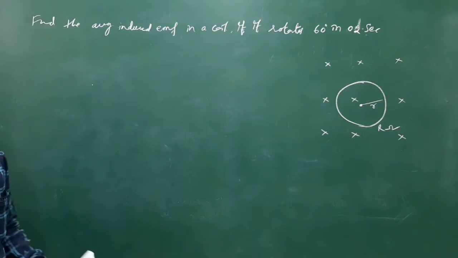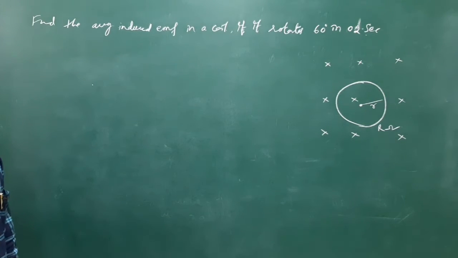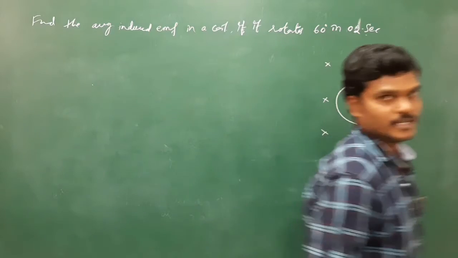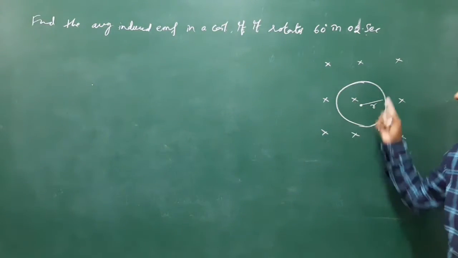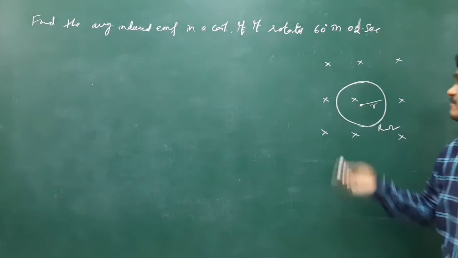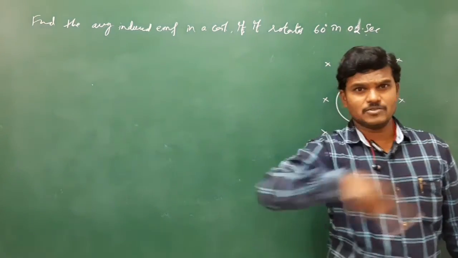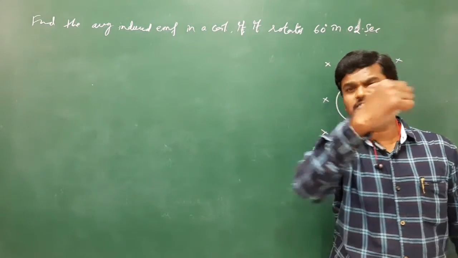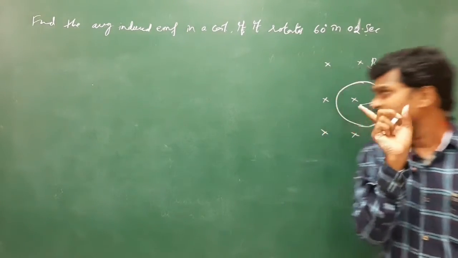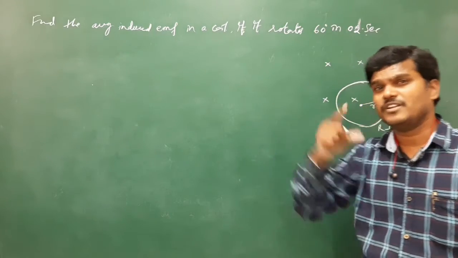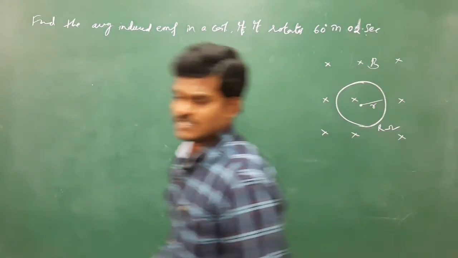Try to find the average induced EMF in a coil if the coil has to rotate 60 degrees in 0.2 seconds. Initially the plane of the coil is normal to the magnetic field. The magnetic field is into the board, so the field lines are entering into the board. The plane of the coil is normal to the magnetic lines of force.